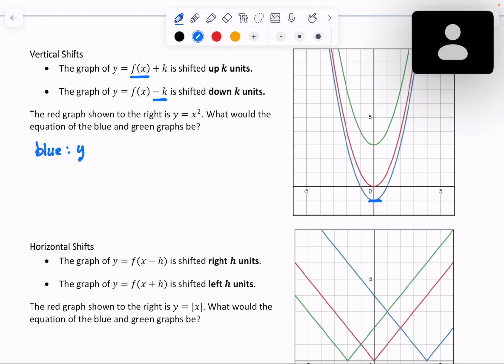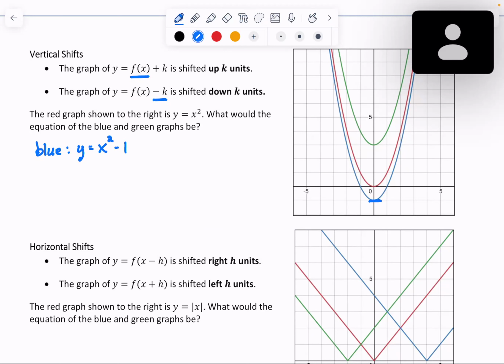So it just takes the original x squared function, and since we shifted it down 1 unit, it's just minus 1. X squared minus 1. That's all it did. To do that, we take the original function of x squared and we subtract 1. That'll shift it down 1 unit.